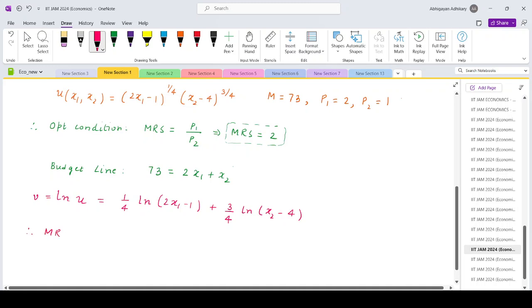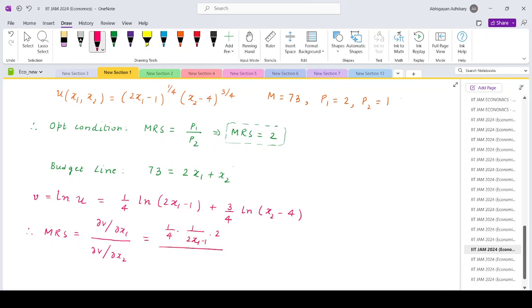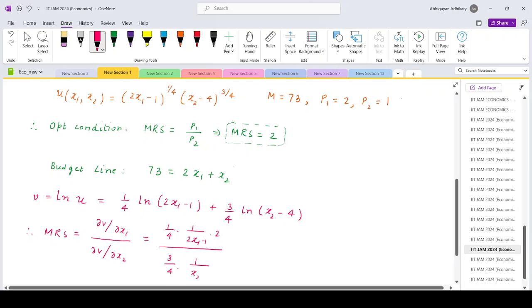So MRS is what? Partial derivative of v with respect to x1 in the numerator, partial derivative of v with respect to x2 in the denominator. So that is 1 by 4 into 2 divided by (2x1 minus 1), over 3 by 4 into 1 divided by (x2 minus 4).